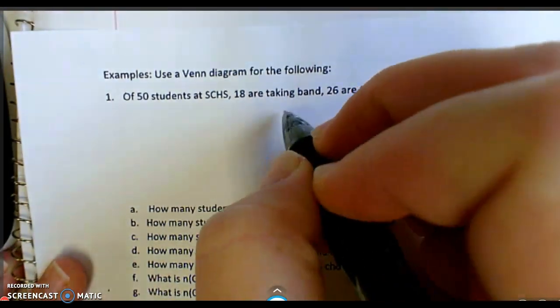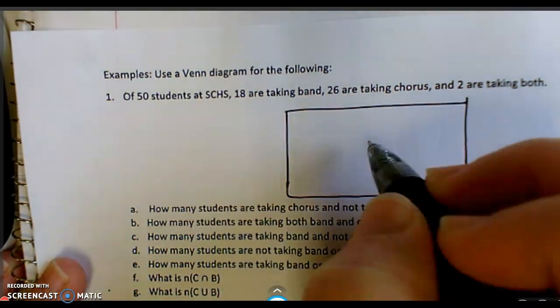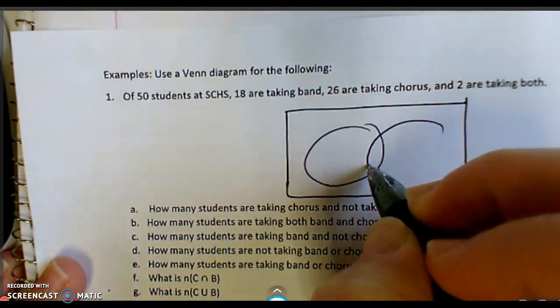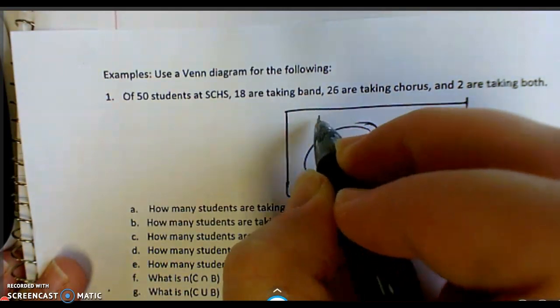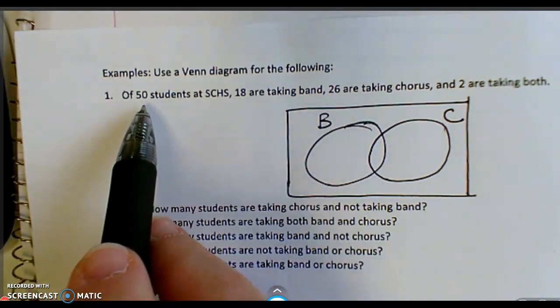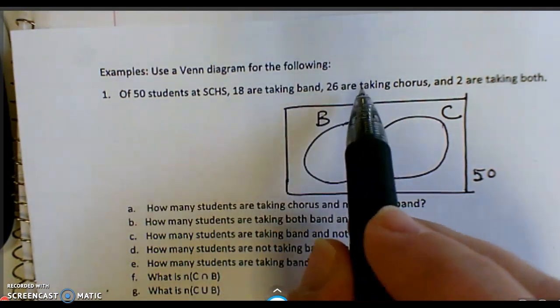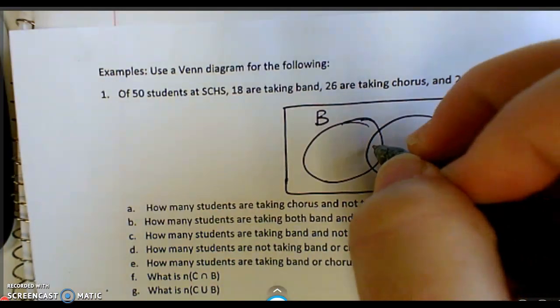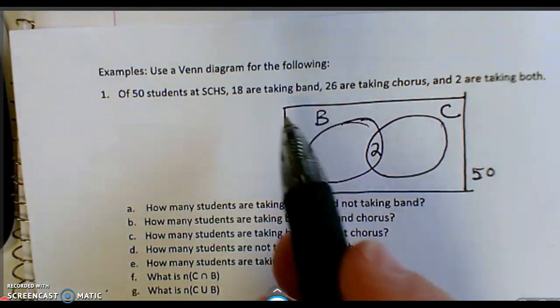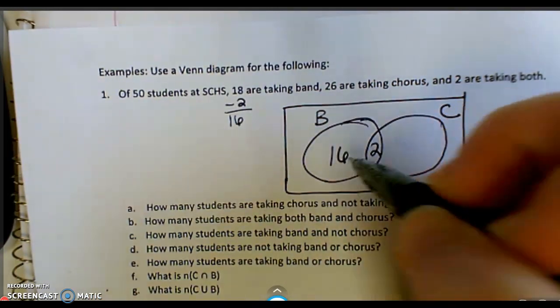Okay, in this situation, we're talking about band and chorus. And so I'm just going to call it B and C. You can call it whatever you want to. We've got 50 students, so that's the total. 18 are taking band, 26 taking chorus, 2 taking both. There's 2 goes right there. So I need to subtract 2 from 18 to get the band part.